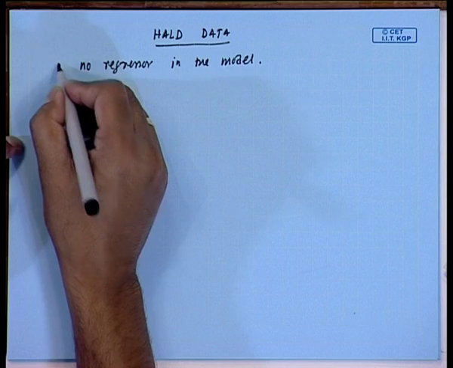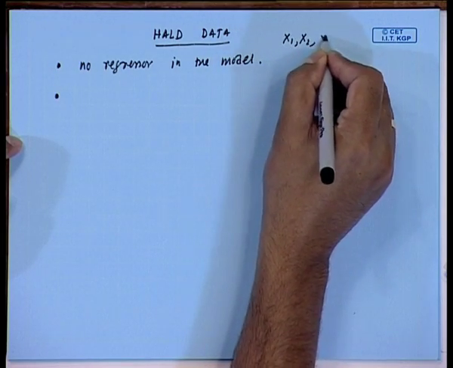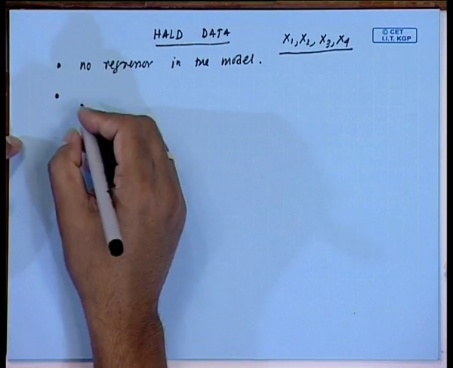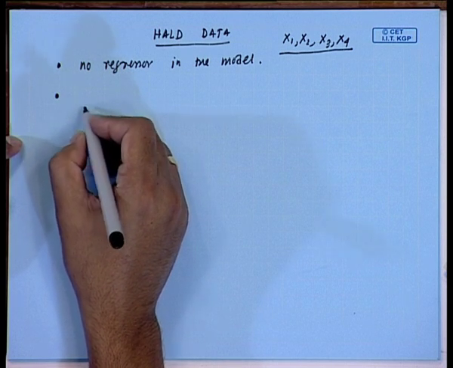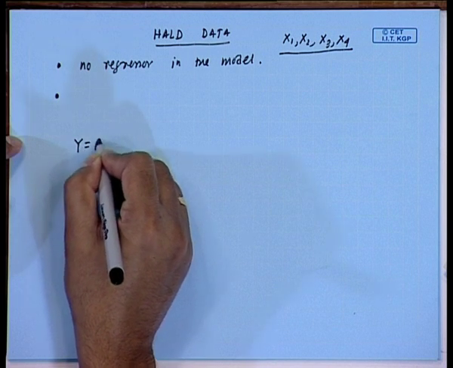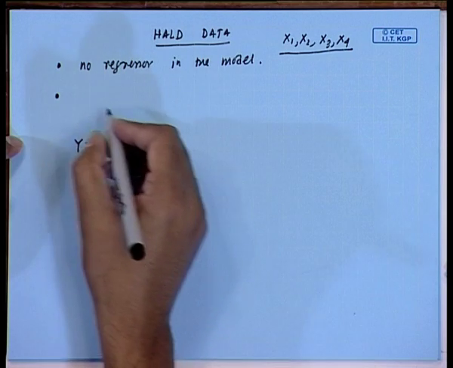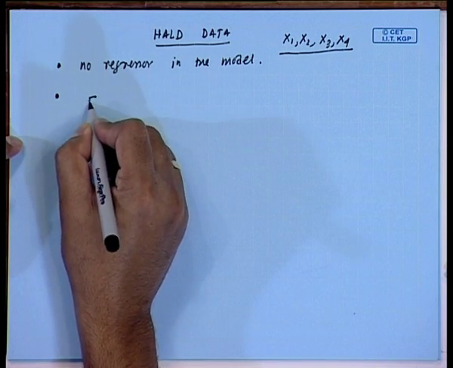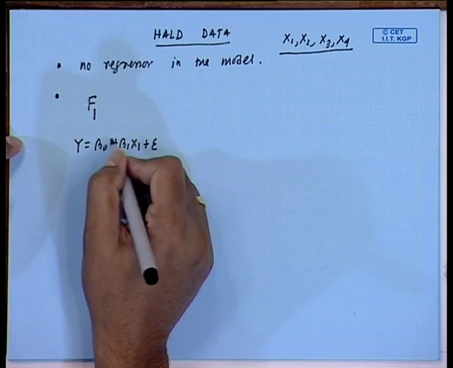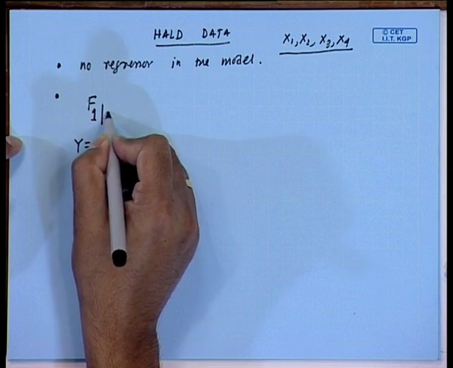For this data there are 4 regressors x1, x2, x3 and x4. Now, I will compute the F value for the model y equal to beta naught plus beta 1 x1 plus epsilon. I will call it F1, using the previous notation.